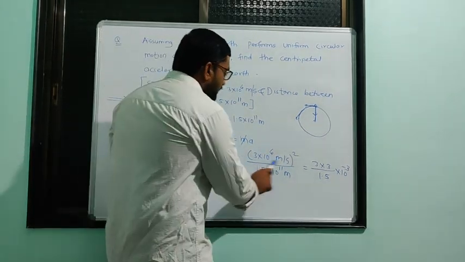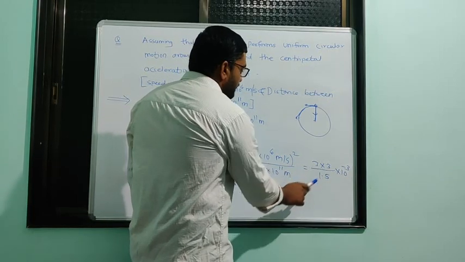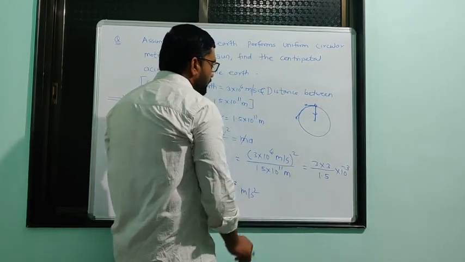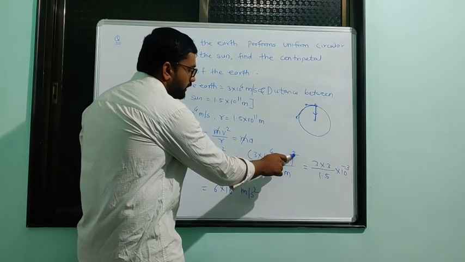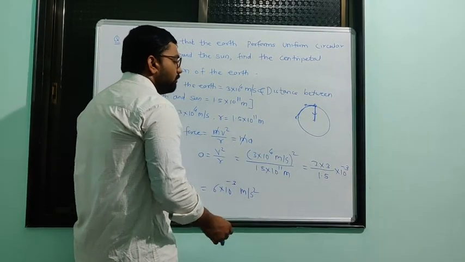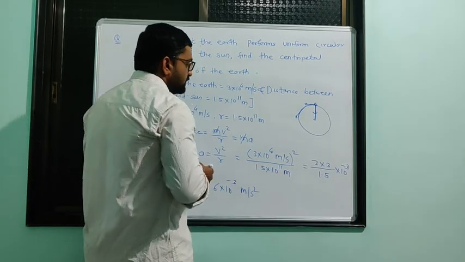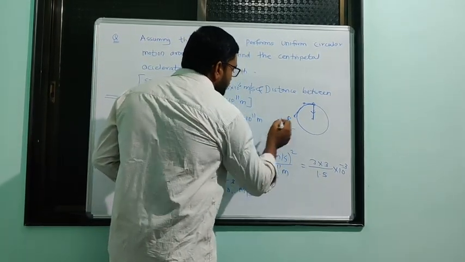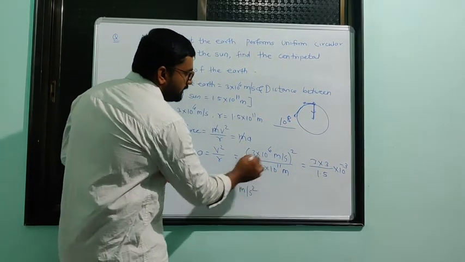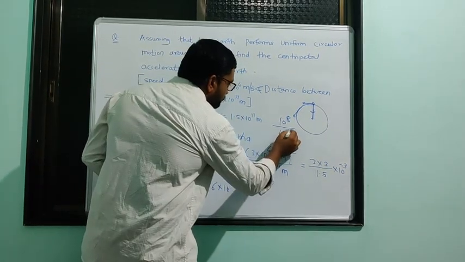So it will be 3 into 3 divided by 1.5. Here square means 4 into 2, it will be 8. So the power becomes 10 raised to 8. Okay, here in the numerator the power is 10 raised to 8 divided by 10 raised to 11.